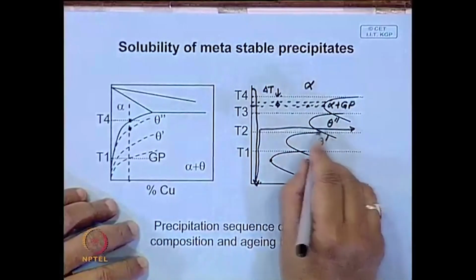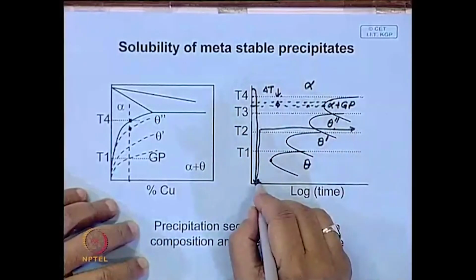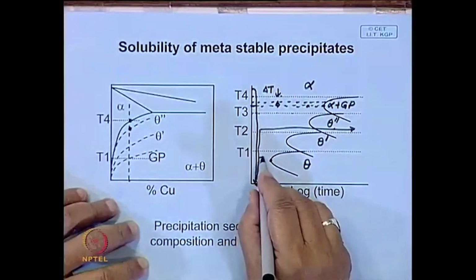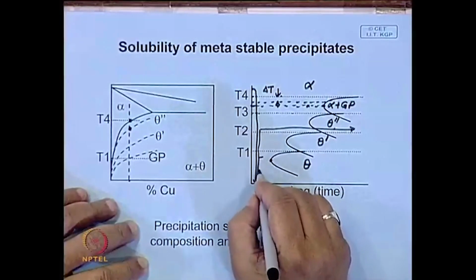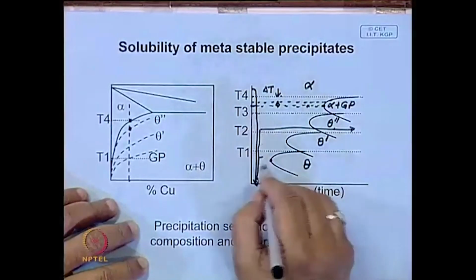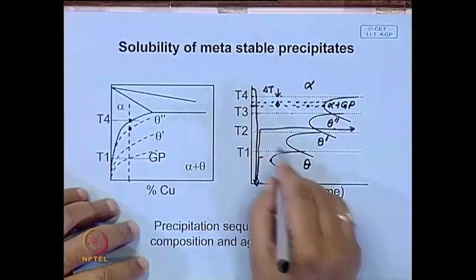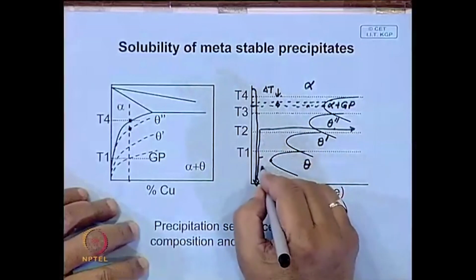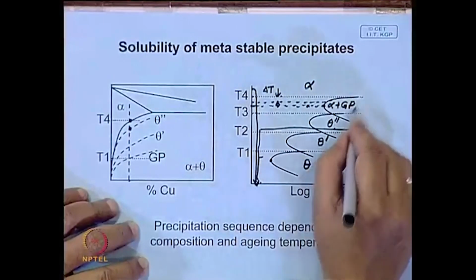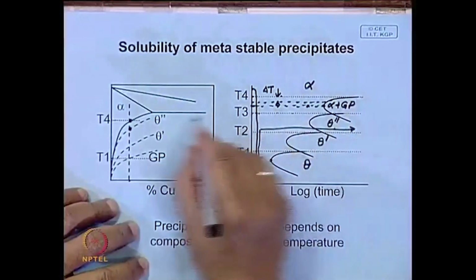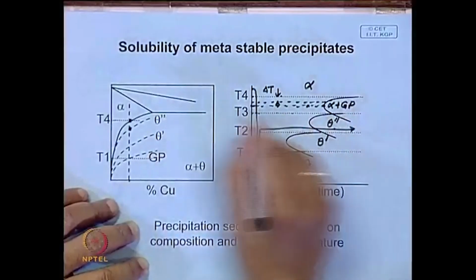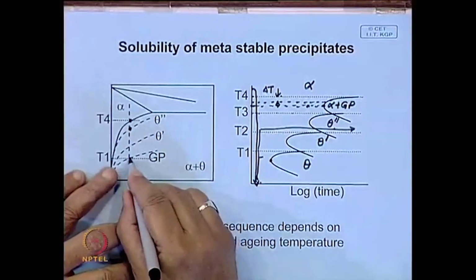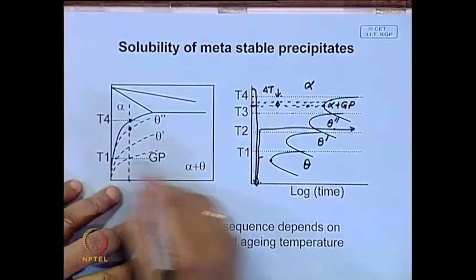If you do it here, you will get theta double prime. If you age it here, so normal aging, I think you need to make a correction.